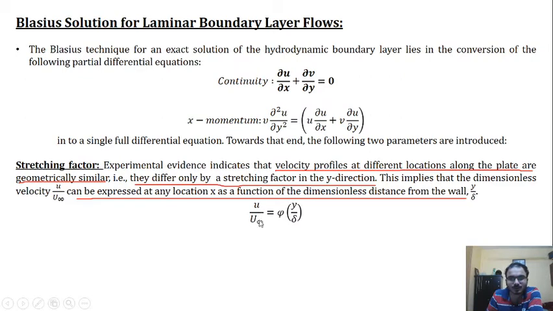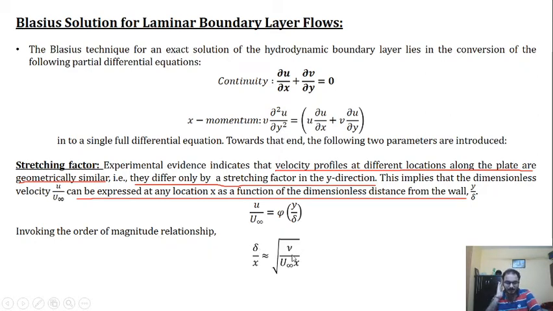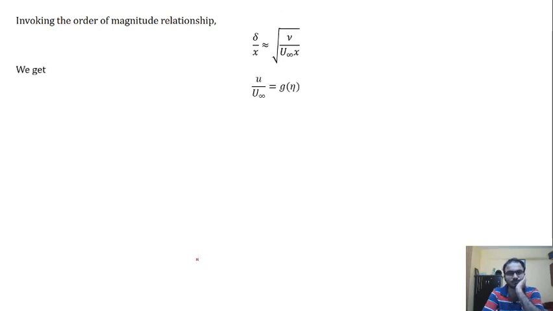So this u upon u infinity, that is velocity variation, is now a function of y upon delta. Invoking the order of magnitude relationship, we can write this. This was already derived in our previous theory, that is the functional relationship for boundary layer thickness. So we can get this formula, that is u upon u infinity as a function of this.